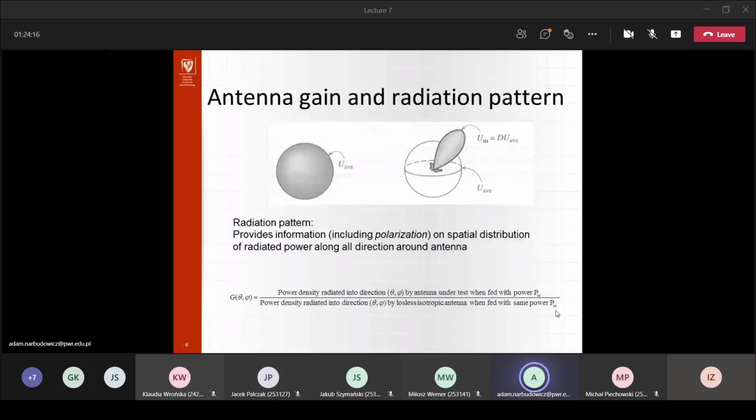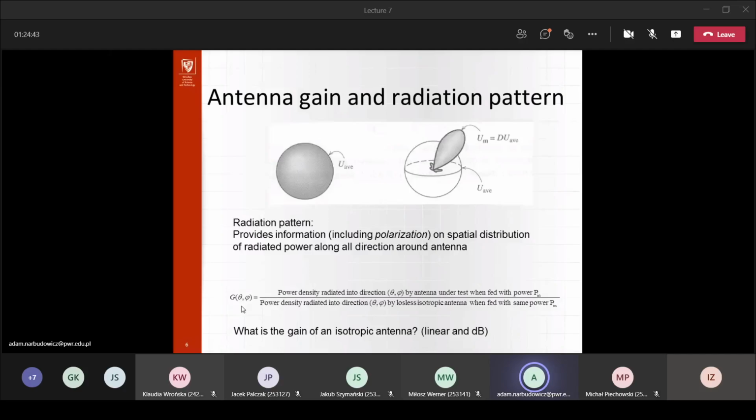Again, this gives us a characterization of only the antenna, irrelevant of the power that we fed into it and irrelevant of the distance over which we have to communicate, and only as a function of two spherical angles, theta and phi.